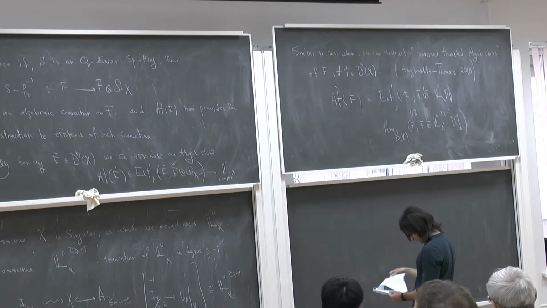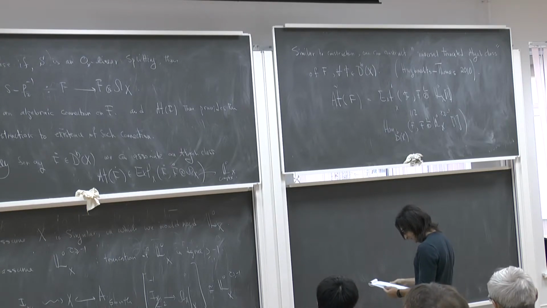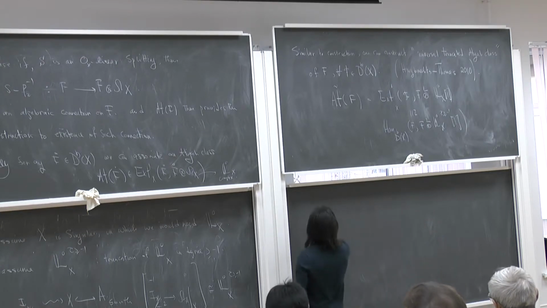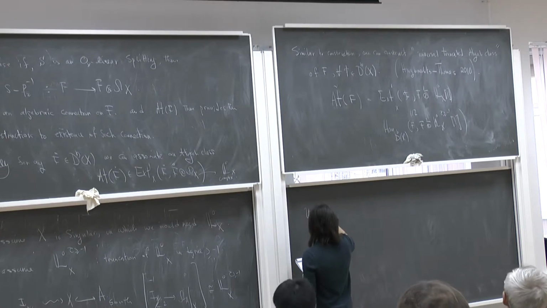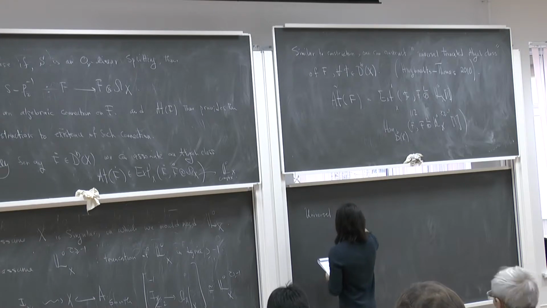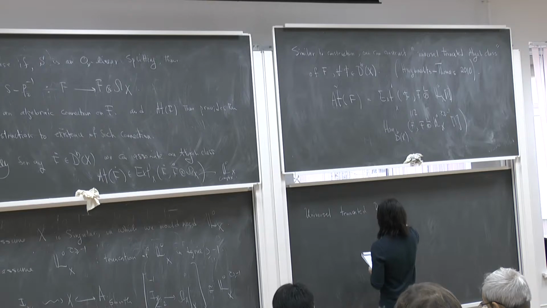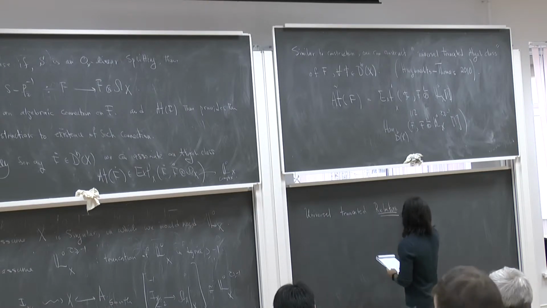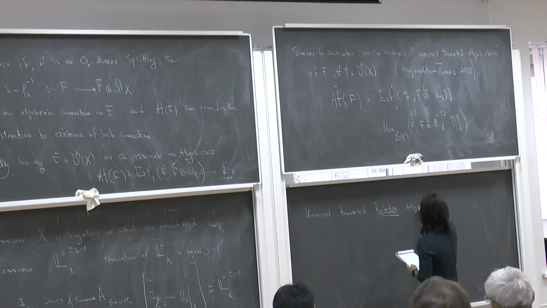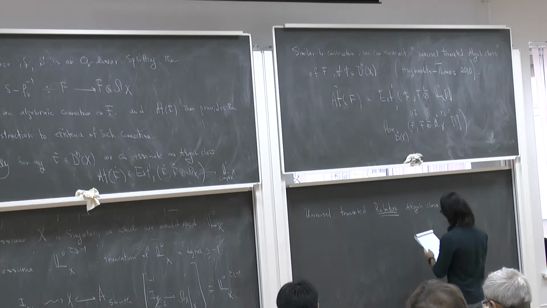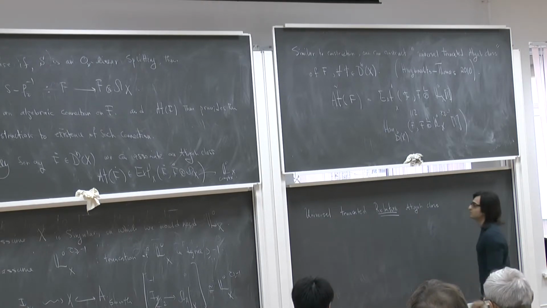Okay, so now the notion I would like to use today is you also need the notion of universal truncated relative Atiyah class, which we will be using today.